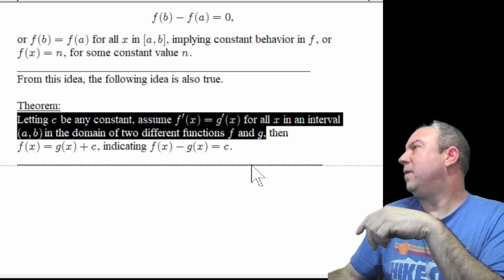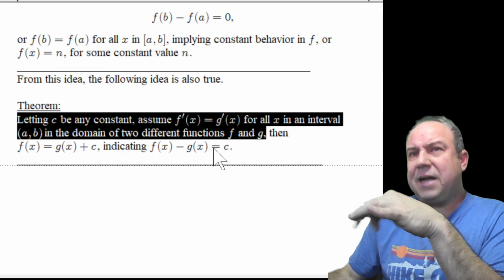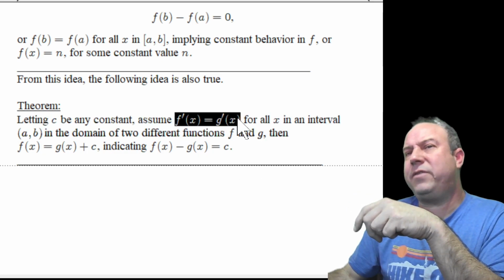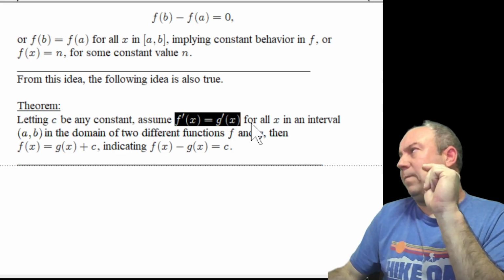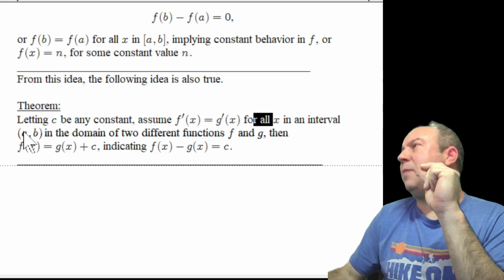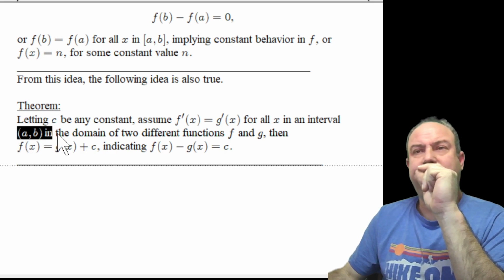Let c be any constant and assume that the first derivatives for two functions f and g are equal for all values of x in some interval from a to b.